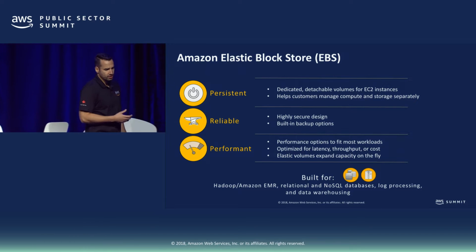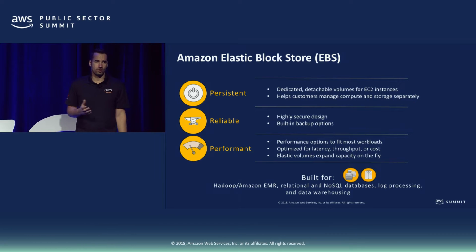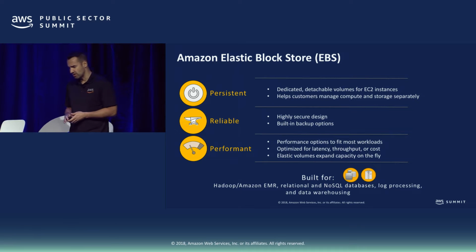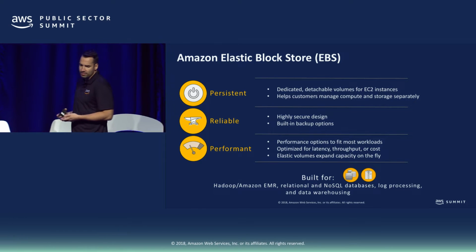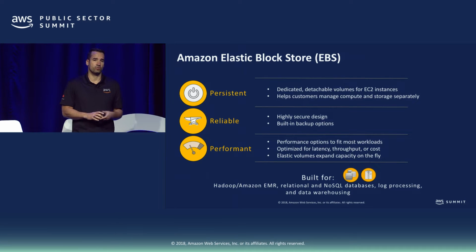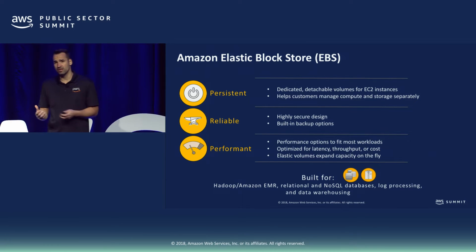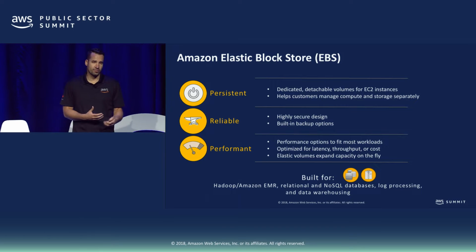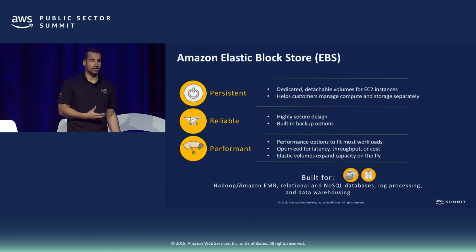Block storage. For people in the room who come from a storage background, the easiest way to describe Elastic Block Store is it's your SAN disk within AWS. It behaves differently. If you look inside the operating system, it'll look like a locally attached disk.